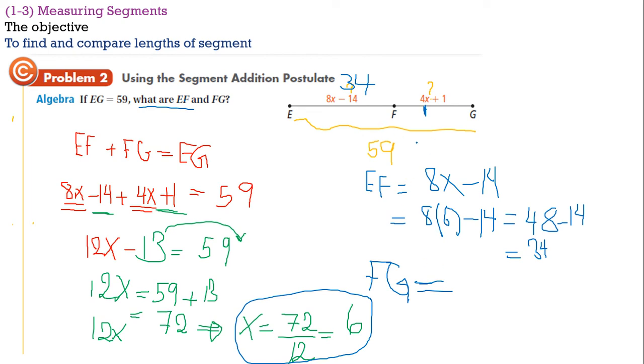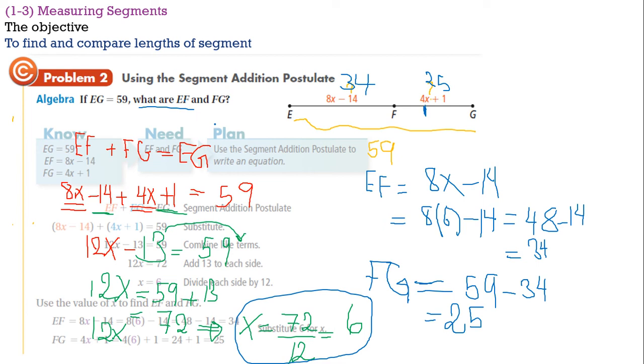Or you can say, since I know all this segment is 59, and this one is 34, just subtract 34 to get the answer. Once you subtract them, you will get 25. So that is 25. Like this, you answered the question.